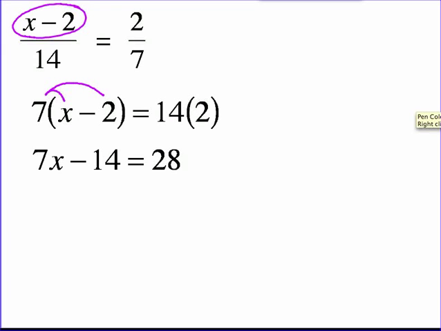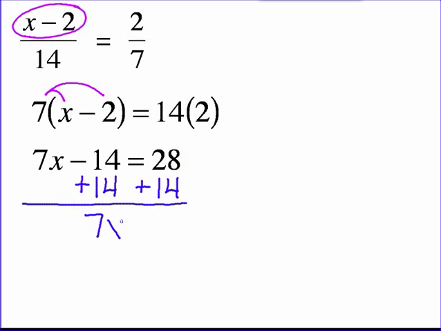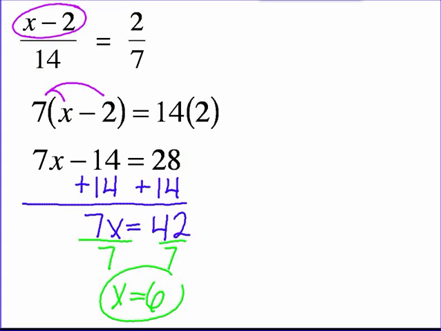Add 14. So I get 7x equals, when I add those together, 42. To solve, I'm now going to divide both sides by 7. And what do you get x to equal? 6.